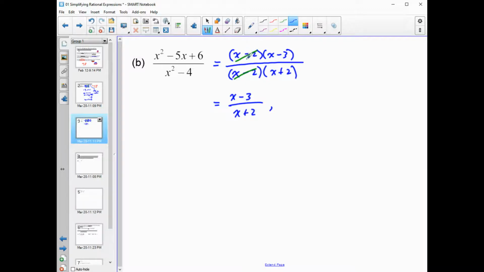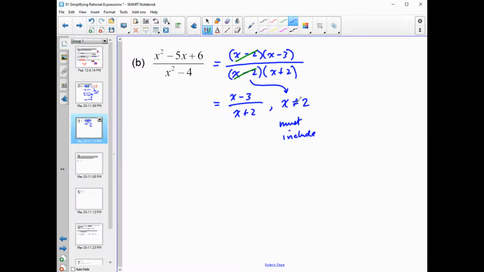But this factor of x minus 2 has been divided out of both the numerator and denominator. So in this case, we have to carry forward that restriction that x is not allowed to be positive 2. That's what we get from the factor we divided out. So this piece of information must be included.